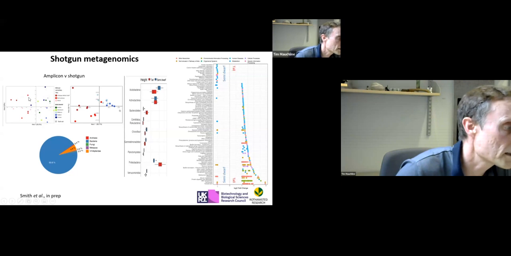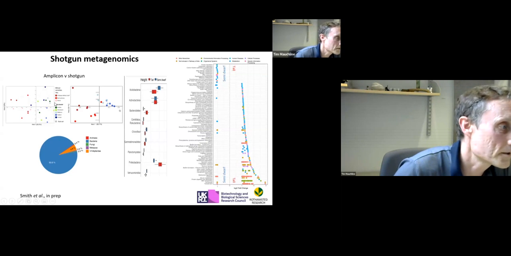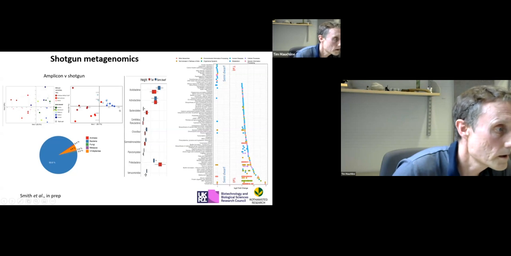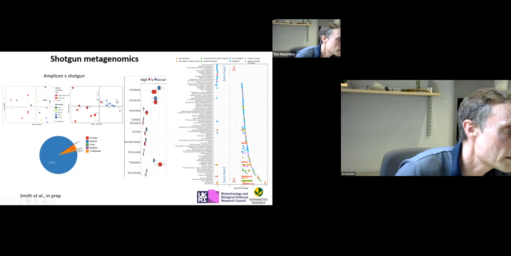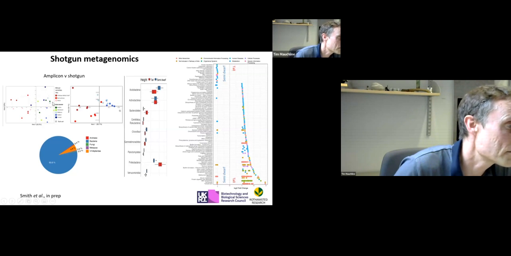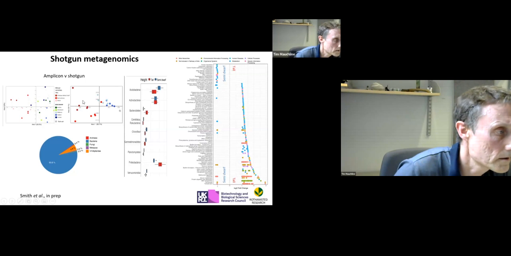So on this left-hand figure here, you can see that the reddish dots are all the tall cultivars, and the bluey greens are the short cultivars. And what we're able to see here is that there was actually a similar separation. This is, again, just to reiterate, the amplicon here, and on the right-hand side is the shotgun metagenomics.